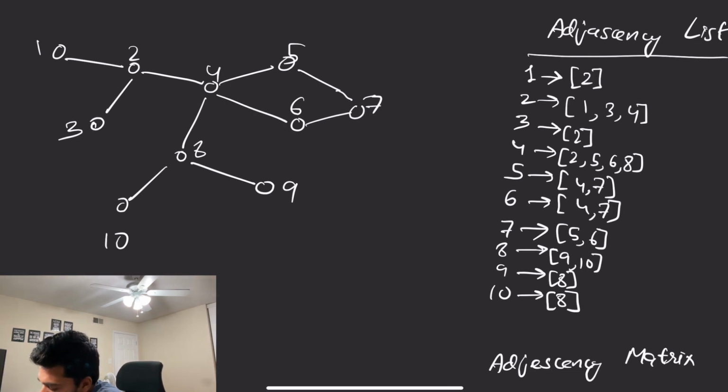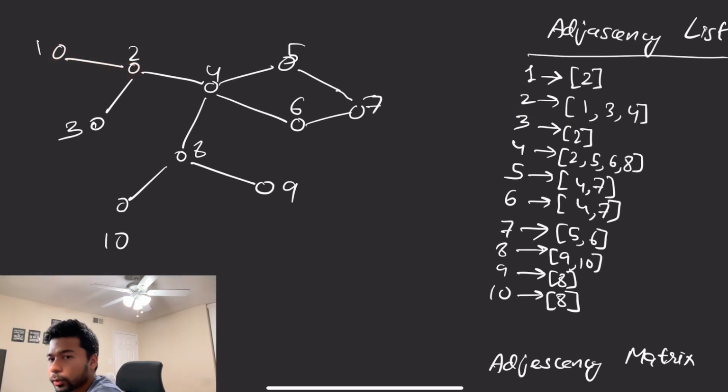You have to look at something: 1 has neighbor 2, right? That also means that 2 has neighbor 1. So if 2 is in 1, then 1 has to be in 2, right? This is common sense, pretty much.